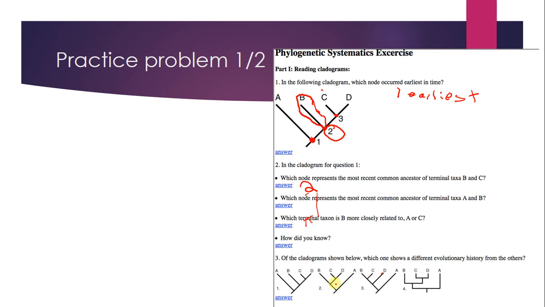The rest go to B. B is next. Then we have C coming off from B, in each of these, but here C comes off from D. No. So 2 would be the one that shows a different evolutionary history, the one that is circled.